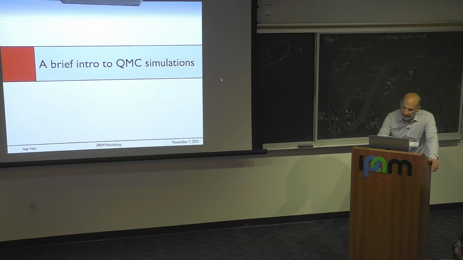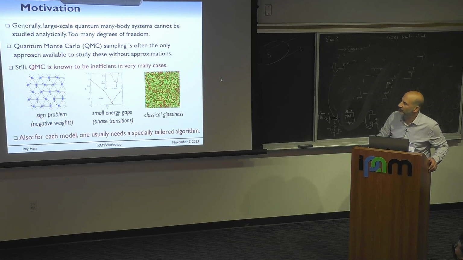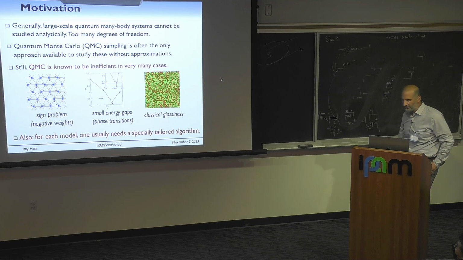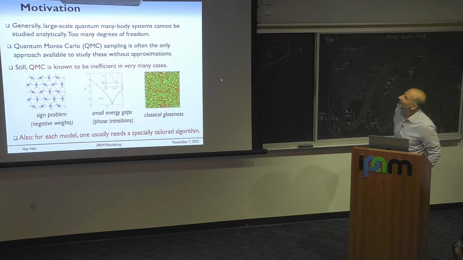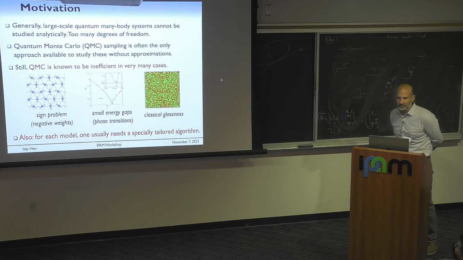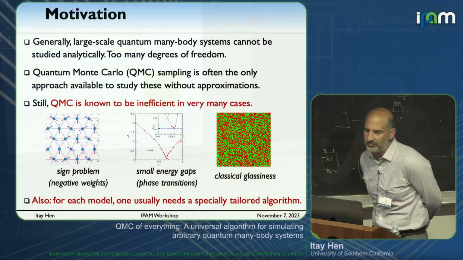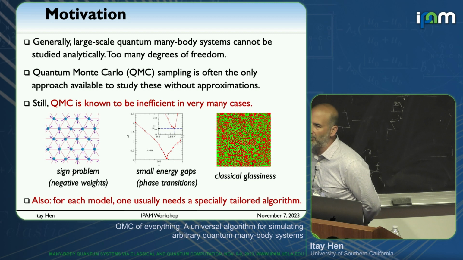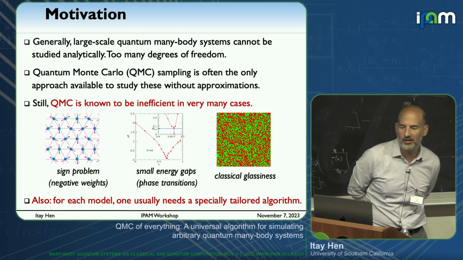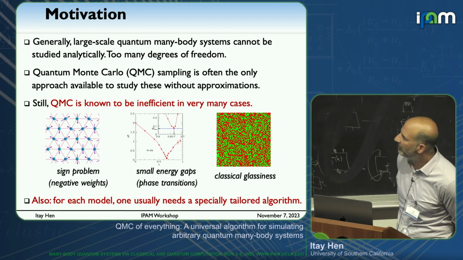So a really brief introduction to QMC simulations, or quantum Monte Carlo. So of course the deal is, as you all know, I'm sure, that if we have a quantum many-body system and it's a large one, we can't really solve it analytically. There are just too many degrees of freedom.